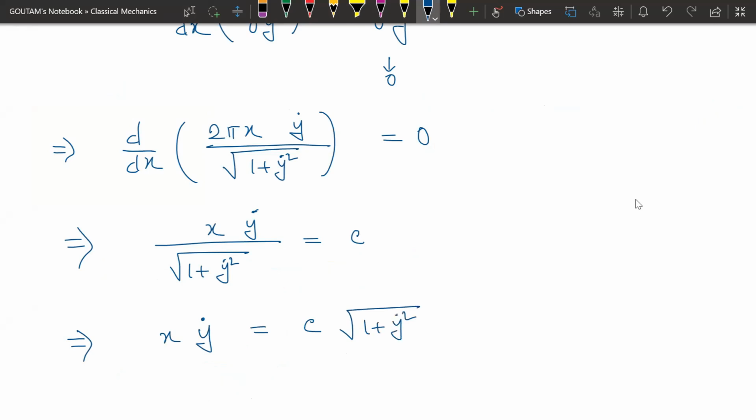Now if we square both sides, then we will get x square y dot square equals to c square plus c square y dot square.